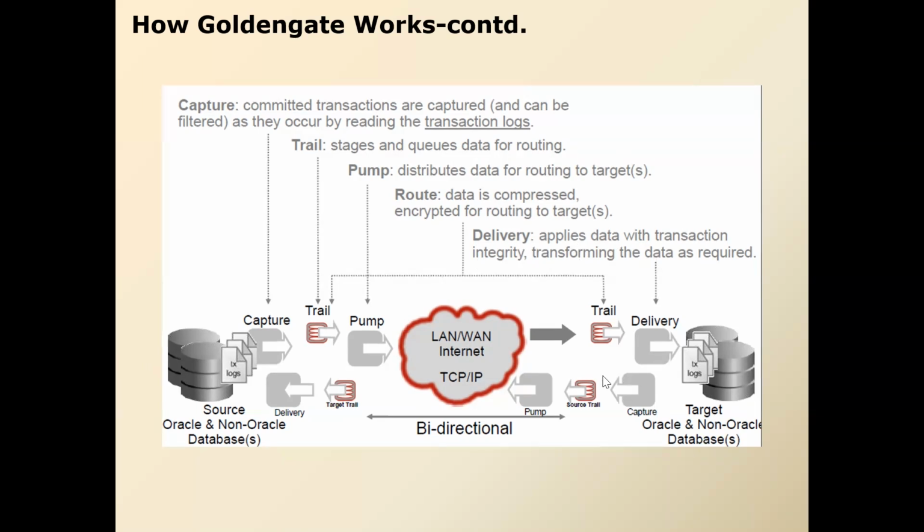So you configure a Goldengate extract process, which reads the data from the site2 database. You will configure a separate process over here. It writes the data to the local trail on site2. Then the pump on site2 will read the data from the local trail, send it over the TCP/IP network, and write it to the remote trail on site1. Once the data is available on the remote trail on site1, the Replicat process will read the data from the remote trail and apply it to the site1 database.